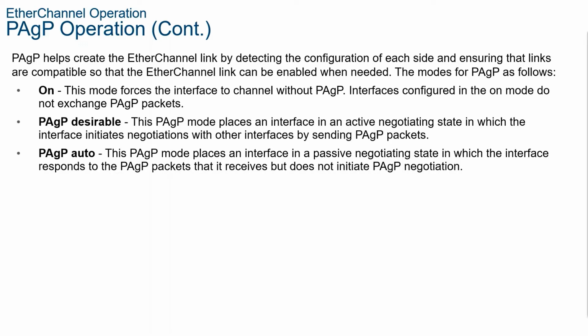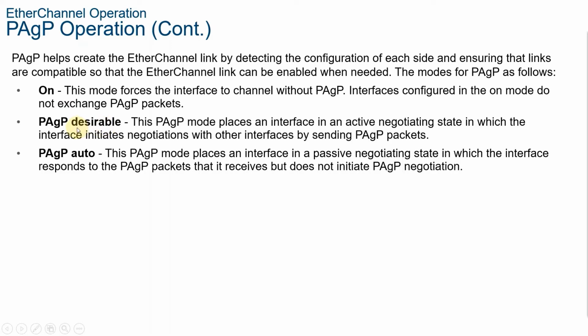So the modes for PAgP are as follows. First, you'll have on. This mode forces the interface to channel without PAgP. Interfaces configured in the on mode do not exchange PAgP packets. The next one is desirable.